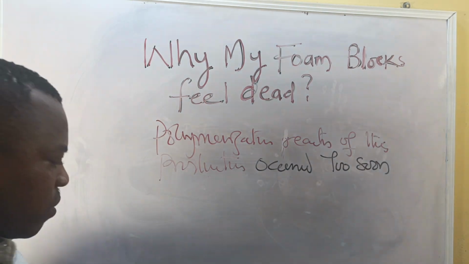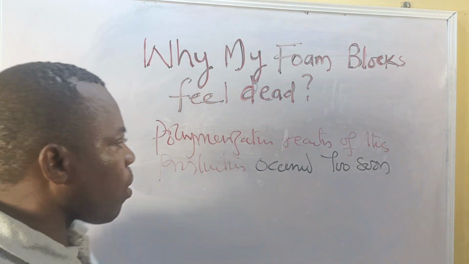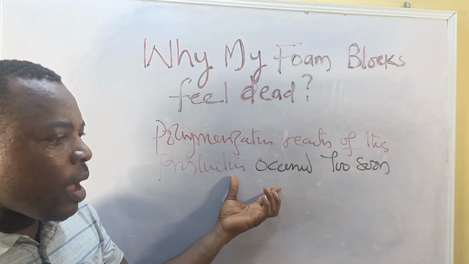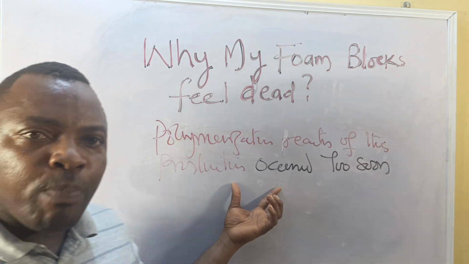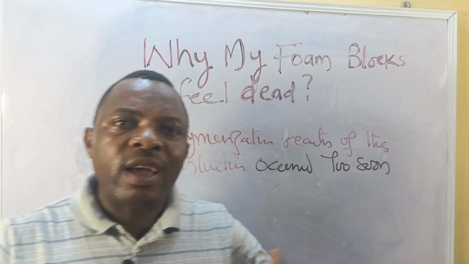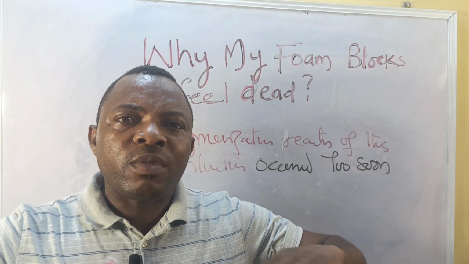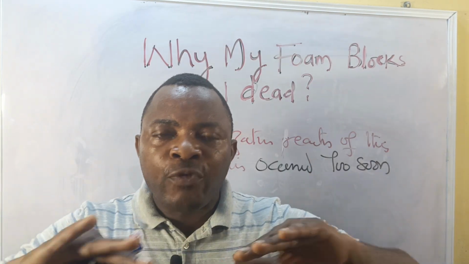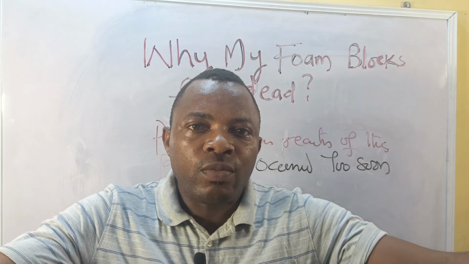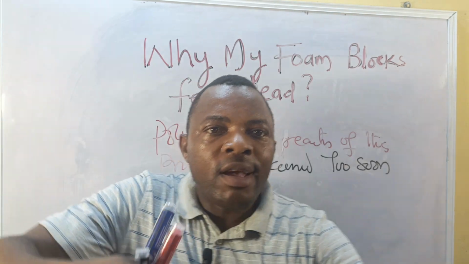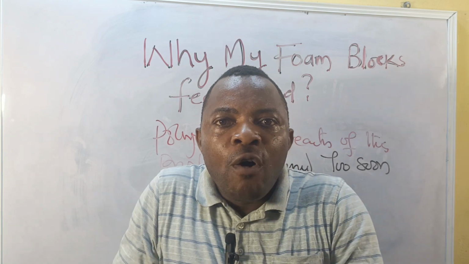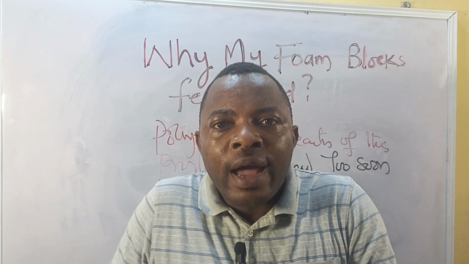Let me tell you, because of the cell, that's what we call the polymer strength. The polymer strength developed too early. As a result of this, it becomes difficult for the cell wall to burst during the gas pressure. So in that regard, it makes the internal gas pressure of the foam fall below the atmospheric pressure.